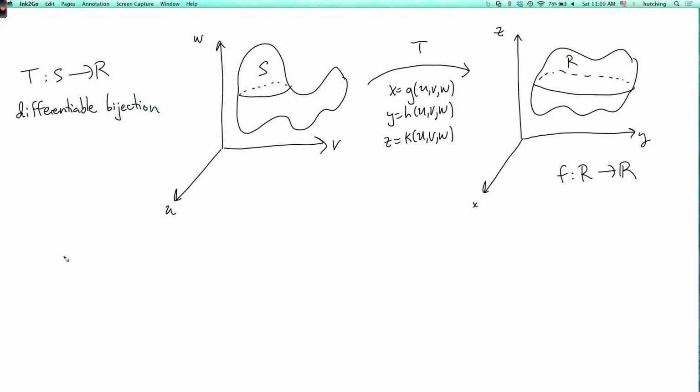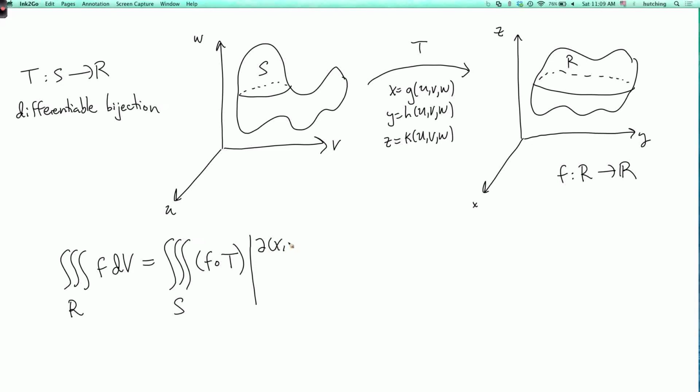So then if I do the triple integral over R of f with respect to volume, then that's going to be the triple integral over S of what? Well, first I have the composition of the functions as before, and then I have a magnification factor, and this is the absolute value of the Jacobian of x, y, z with respect to u, v, w.